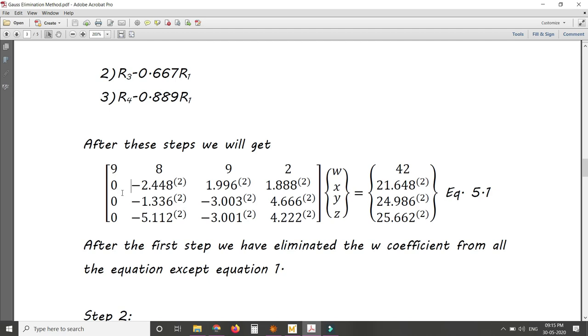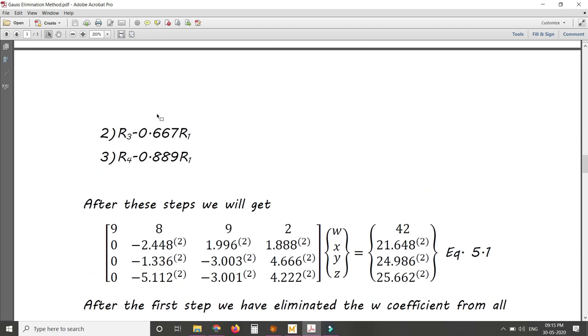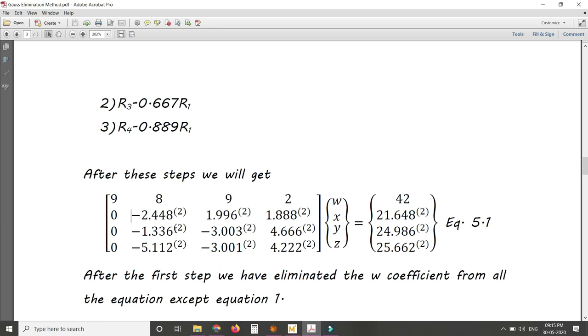So this is step 1. Those coefficients are used to get the final matrix. The same process can also be represented in matrix form.